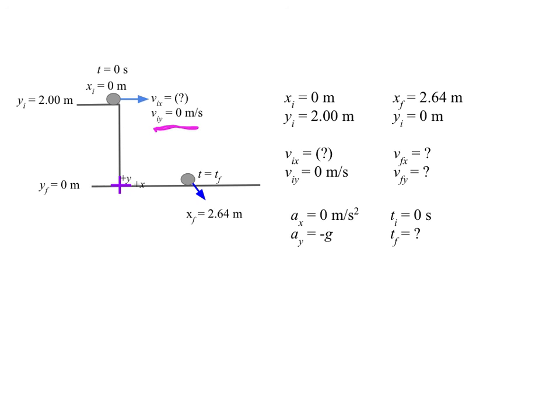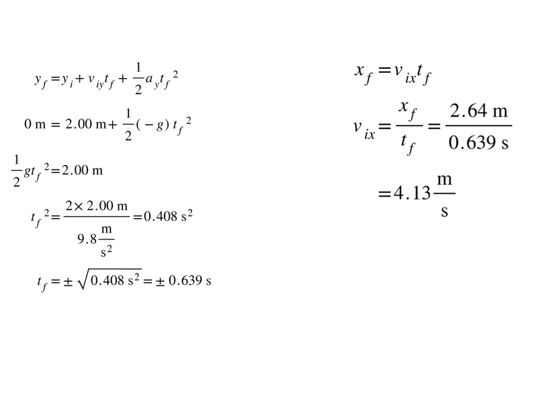All right, so we go back to our equations and we see which of them apply. We still have this equation involving yf's, because we still have a lot of information about the vertical motion. So we can still find the time of flight, because remember the time of flight doesn't depend on the speed. So I can know how long it was in the air. It turns out that's about 0.63 seconds, 0.64 seconds, I guess.